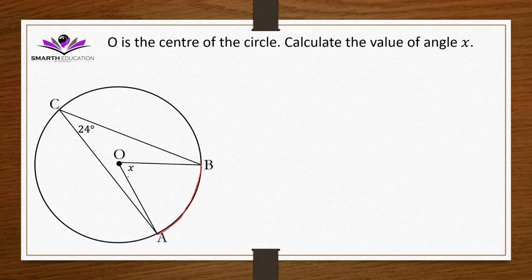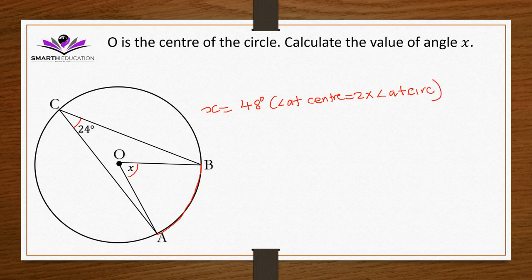Okay, x is at the center and then 24 is at the circumference. So x is 2 times 24. So it means x is equal to 48 degrees, angle at center equals 2 times angle at circumference. Okay, done.